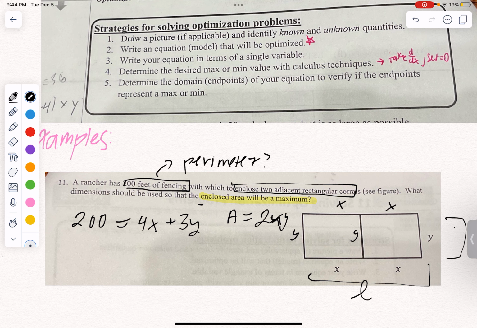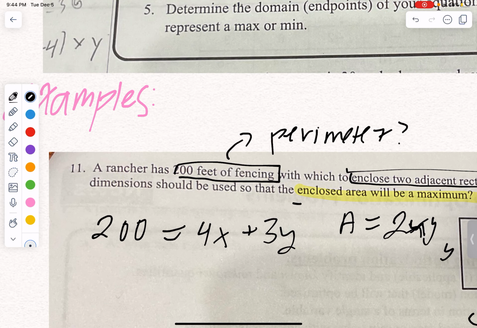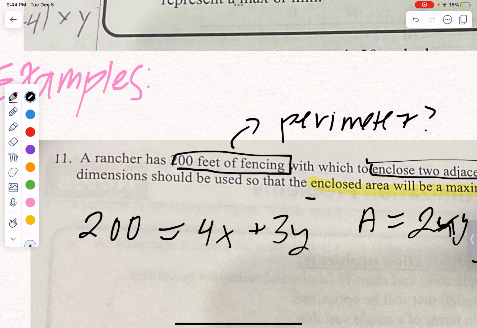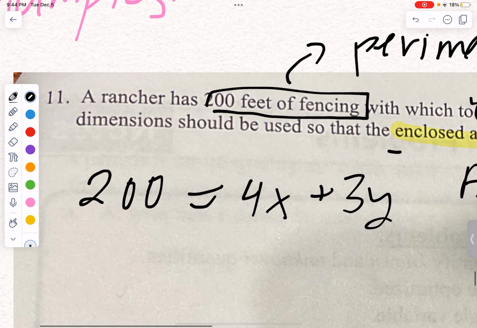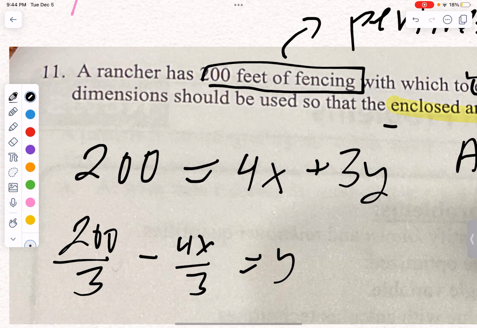And we're going to write this equation in terms of a single variable. We're going to do it in terms of x. Once again, this is basic algebra, and it turns out to 200 thirds minus 4x thirds equals y.